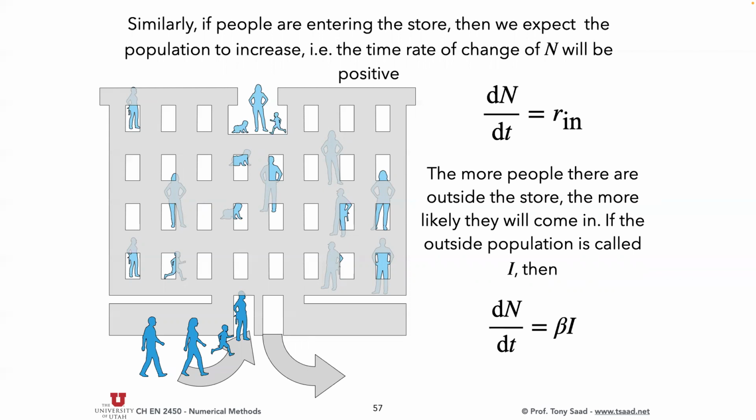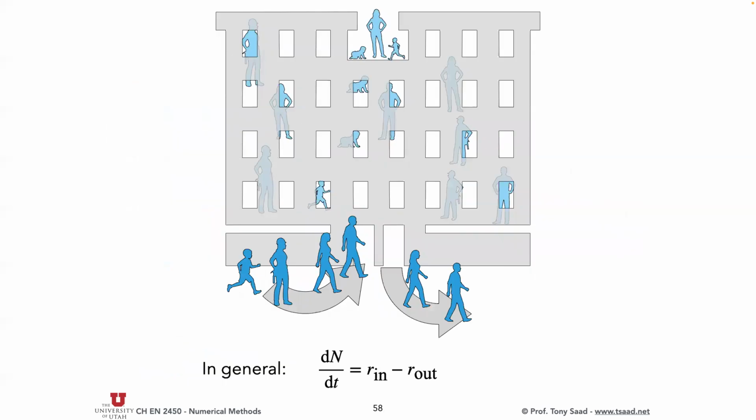So now that leads you to a simple compartment model. There are things coming into the compartment described by R in, and things leaving, minus R out. That's the general formula for a compartment model for ODEs.